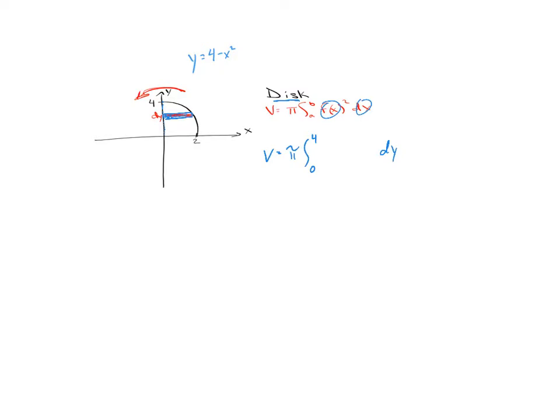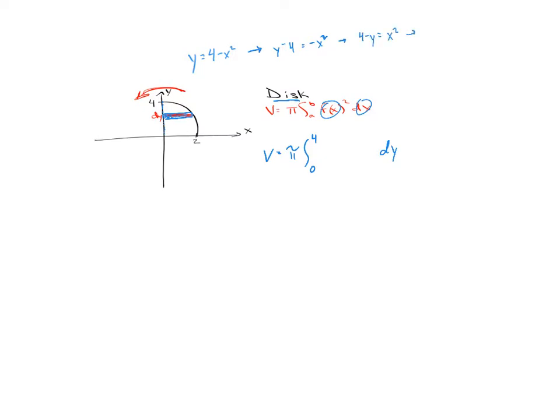So I need to take that y equals 4 minus x squared and solve it for x. If you do that, you have y minus 4 equals negative x squared. And divide by negative 1 gives me 4 minus y equals x squared.